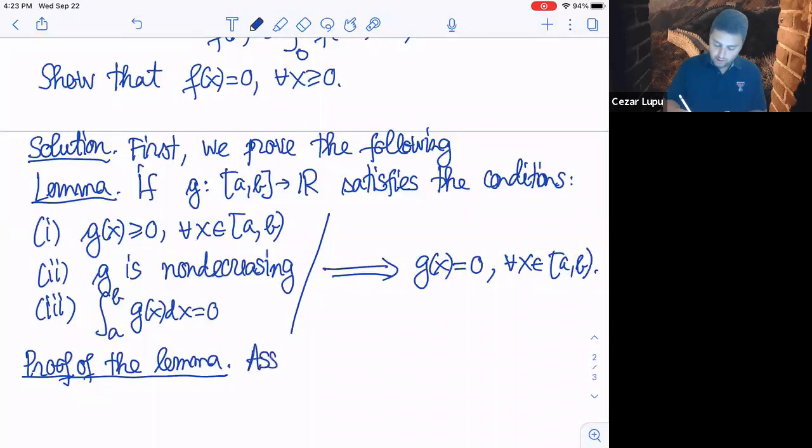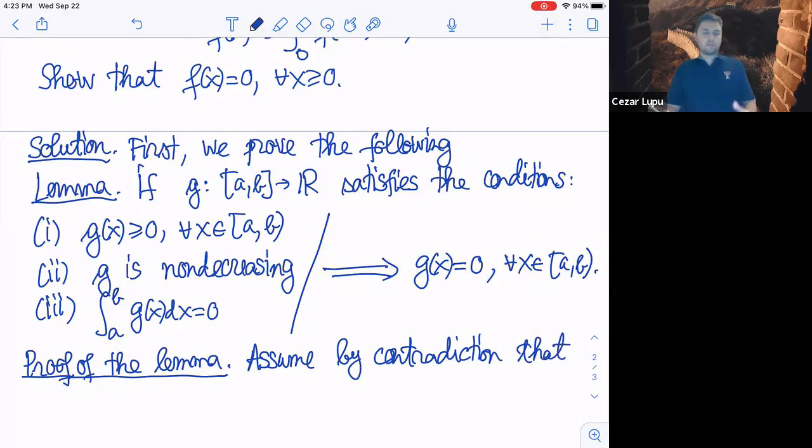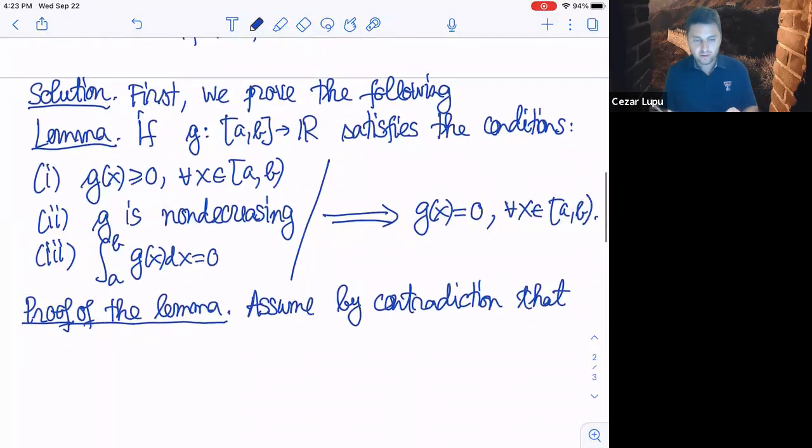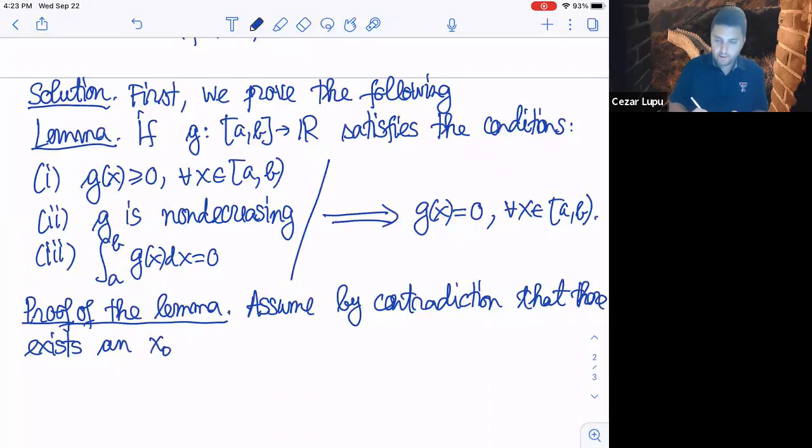Let's assume by contradiction that g is not zero, so that there exists an x0 such that g of x0 is not zero, and without loss of generality, we can assume that g of x0 is greater than zero, let's say positive.